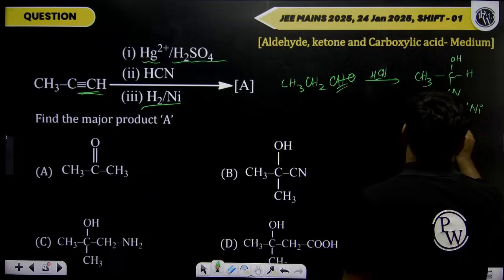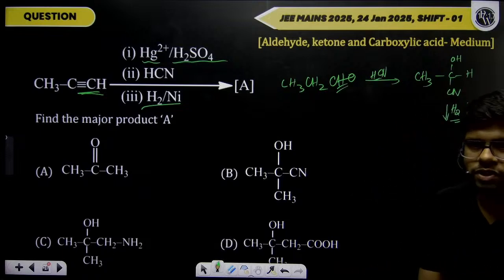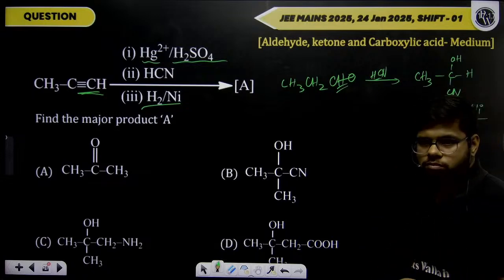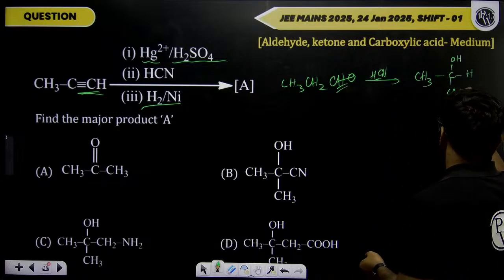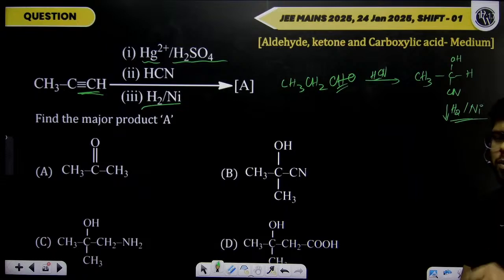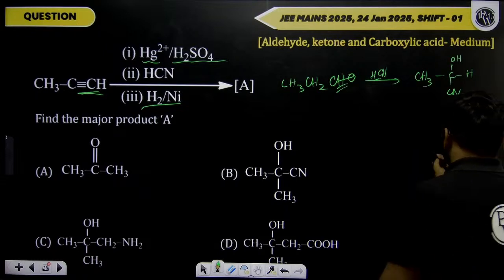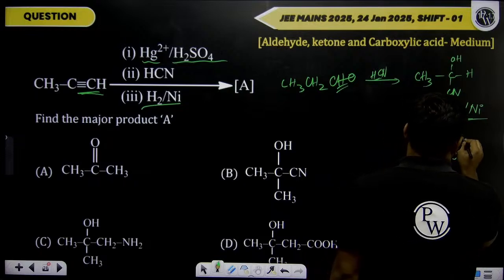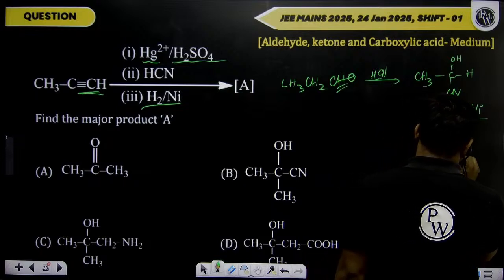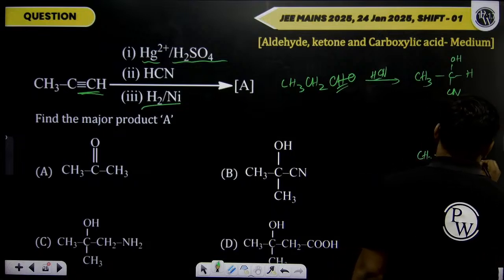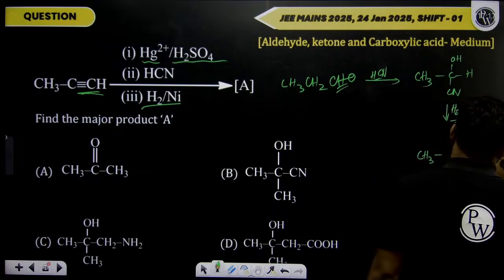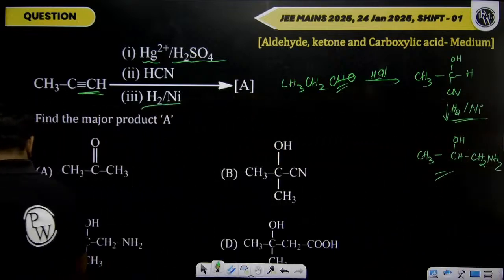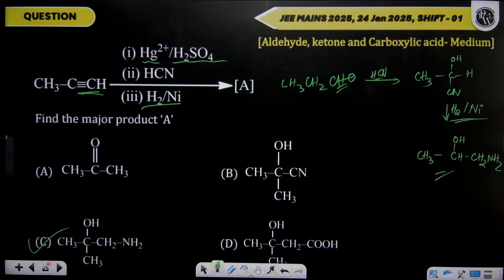So this is a strong reducing agent, hydrogenating agent. So this will break the pi bond and insert the hydrogen. Here the pi bond is only present between C and N, so this pi bond will be broken and hydrogen will be inserted, and the compound will have OH and CH2NH2, that will be the final product. That means option C will be the correct answer, okay.